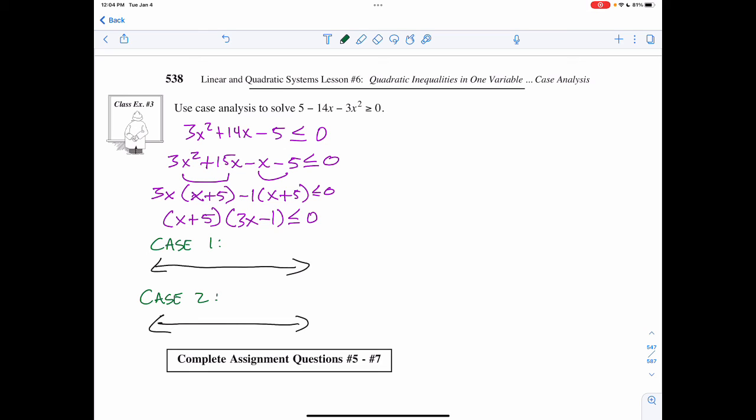If it says that it is less than or equal to 0, then that means that it has to be a negative. How do I get a negative? I can get a negative from a positive times a negative or a negative times a positive. Now, when I solve what these intercepts are from here, I'm going to get the possibility of -5 and 1/3.